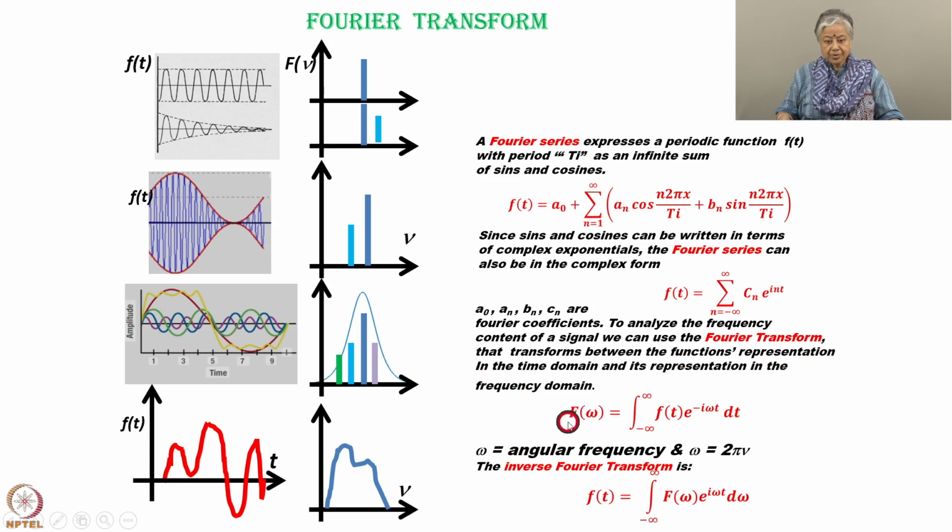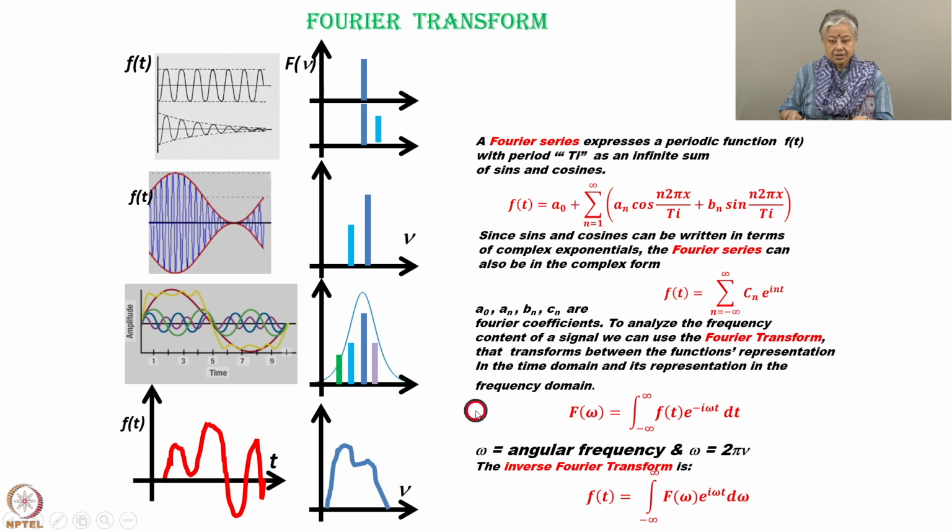So, in the frequency domain, F(omega) is the integral over f(t) e to the power minus i omega t dt. This is called a Fourier transform. So, you have transformed from f(t) into F(omega).